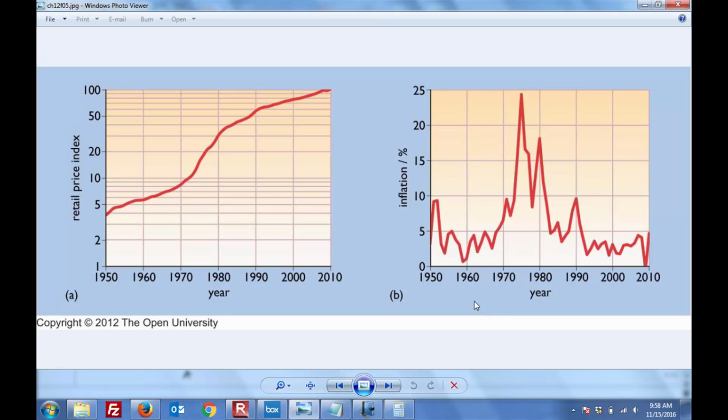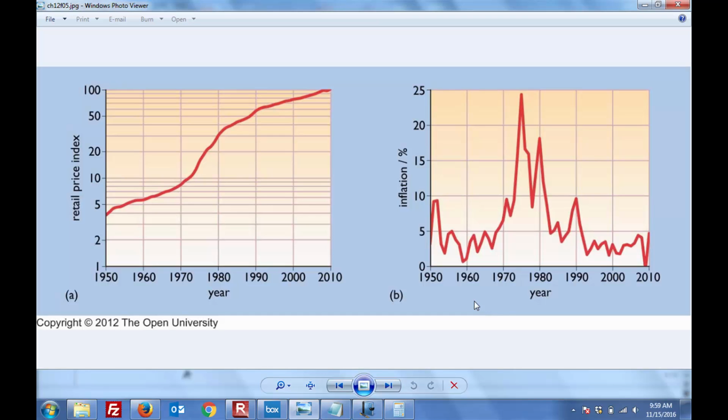Now the next one, I'm going to read this next one, so that's the plot on the right. It says, inflation is usually described as being the rate of change of the retail price index per year. Mathematically speaking, this is the slope of the RPI time chart and is shown in 12.5.